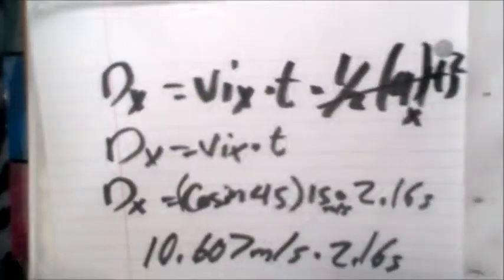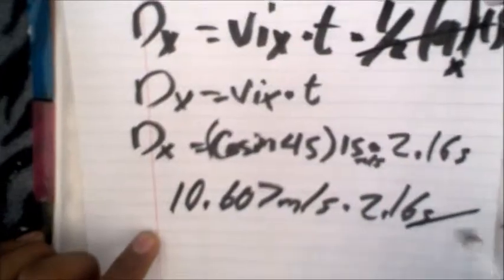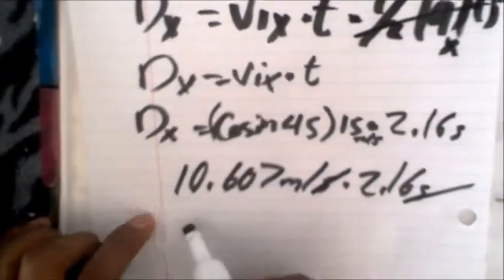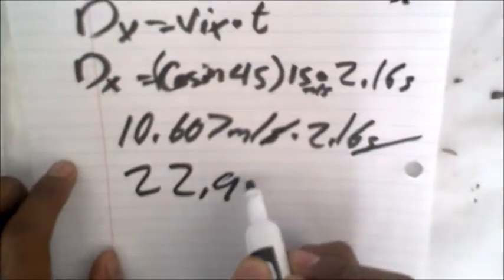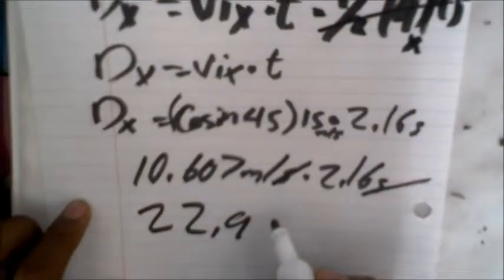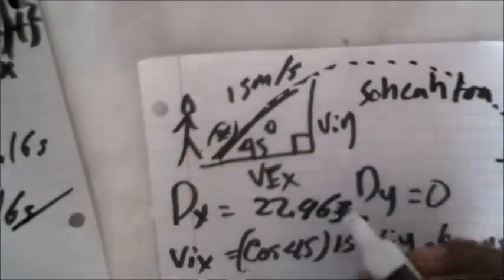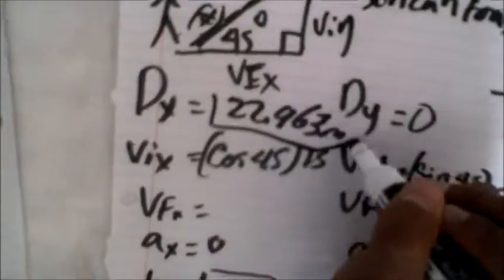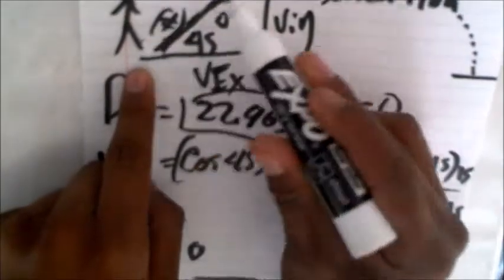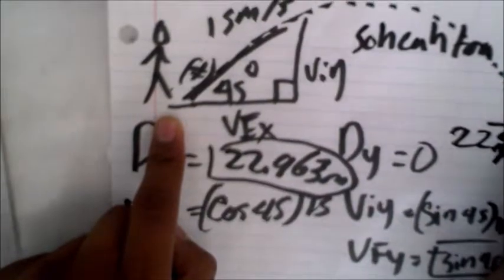When you multiply this together, the seconds cancel out, and you're left with meters, and that equals 22.99763 meters, or about 22.963 meters, which we could round to get a more accurate distance, but we'll just leave it like that for right now. So when the football player kicked the ball, it traveled 22.693 meters.